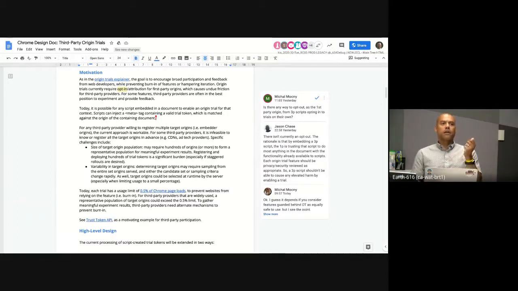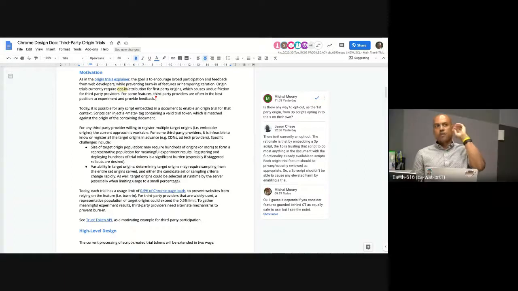So going back, I was describing how it worked because, to Yoav's point, it's not easy for third parties today that are on a number of sites to experiment on behalf of those sites.